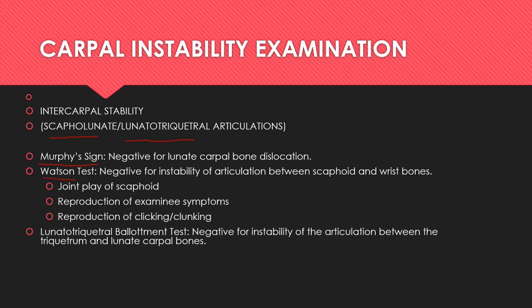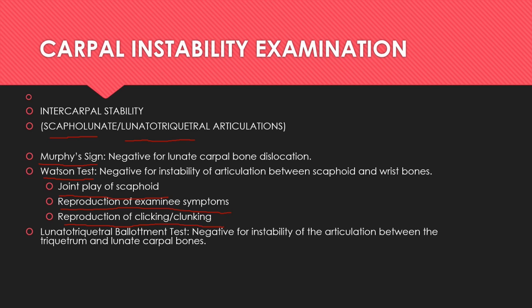Also is the Watson test, which is a shucking type of maneuver between the scaphoid and the lunate bone. We're looking for excess joint play movement of the scaphoid bone, any reproduction of the examinee's symptoms, and or reproduction of clicking and clunking from the scapholunate articulation.